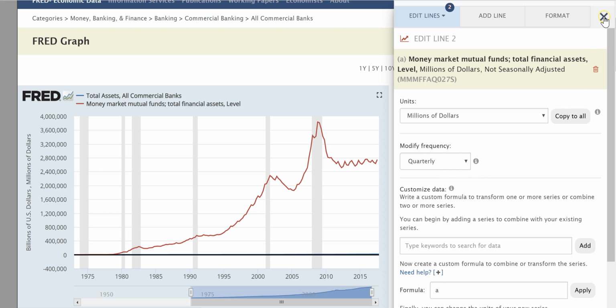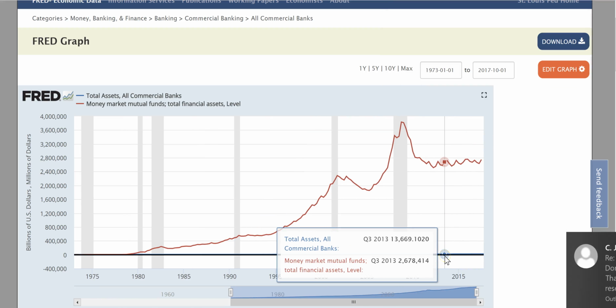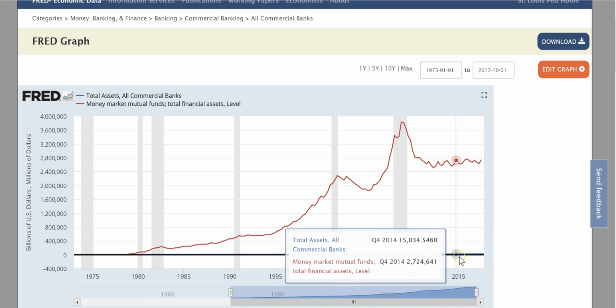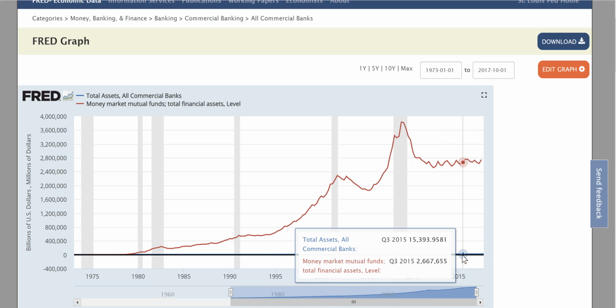Now if you close that, that's the reason why the total assets of commercial banks, because that's in billions of dollars, the number there is smaller.